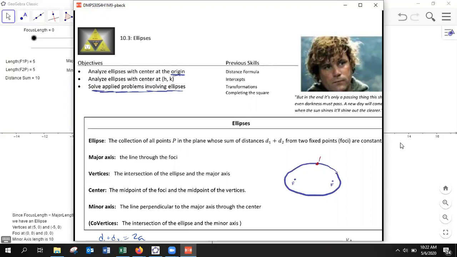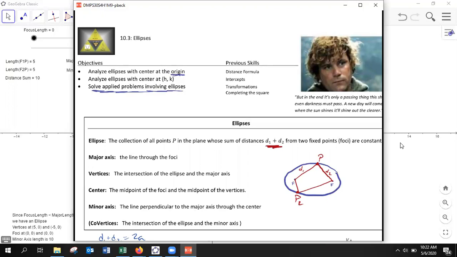So let's make this random point P. If I take the distance from each focus, let's call that D1 and that one D2, and add those two distances together, we end up with some value. Well, what happens if that point was over here? That D1 plus D2 will give us the exact same value. So no matter what, D1 plus D2 ends up giving the exact same value.